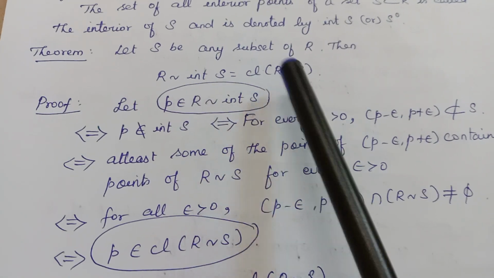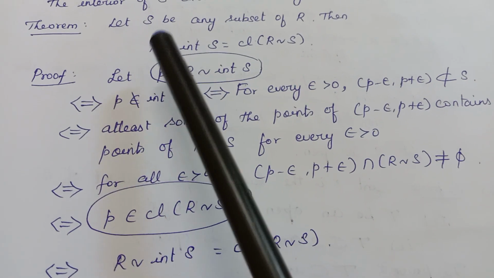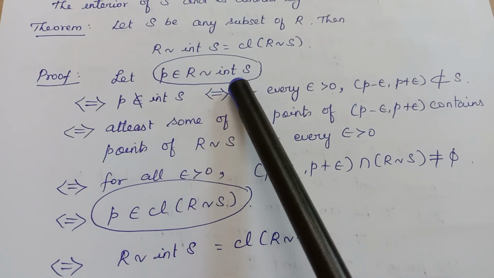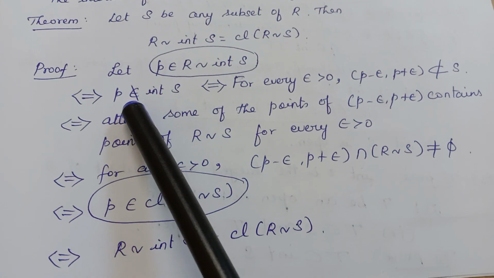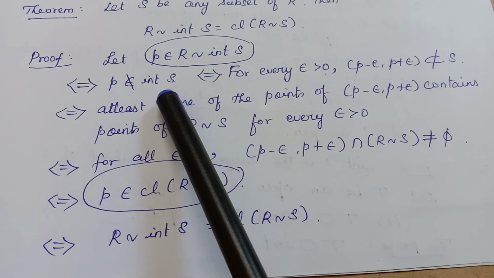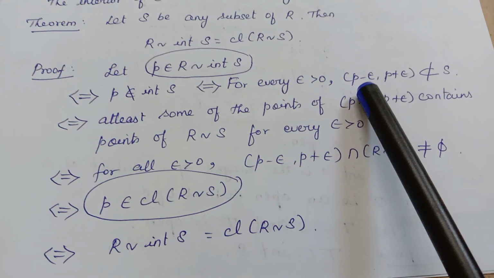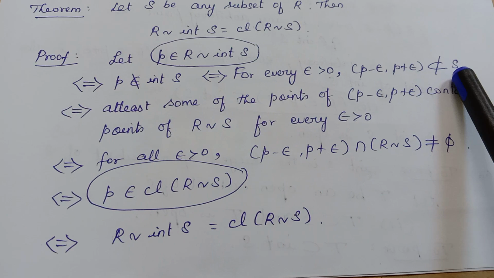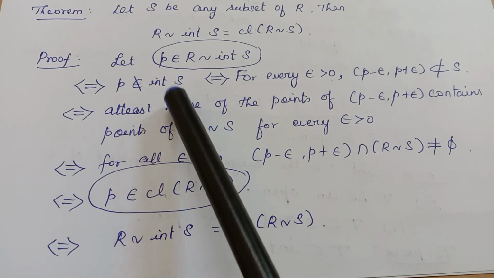Okay, right. So for proving this theorem, first I am going to take an arbitrary point P from R minus interior of S. What do you mean by this? P belonging to R minus interior of S means P is not a point of interior of S. That means for every epsilon greater than 0, the neighborhood p minus epsilon to p plus epsilon is not completely contained in S. When will you say a point is in the interior?